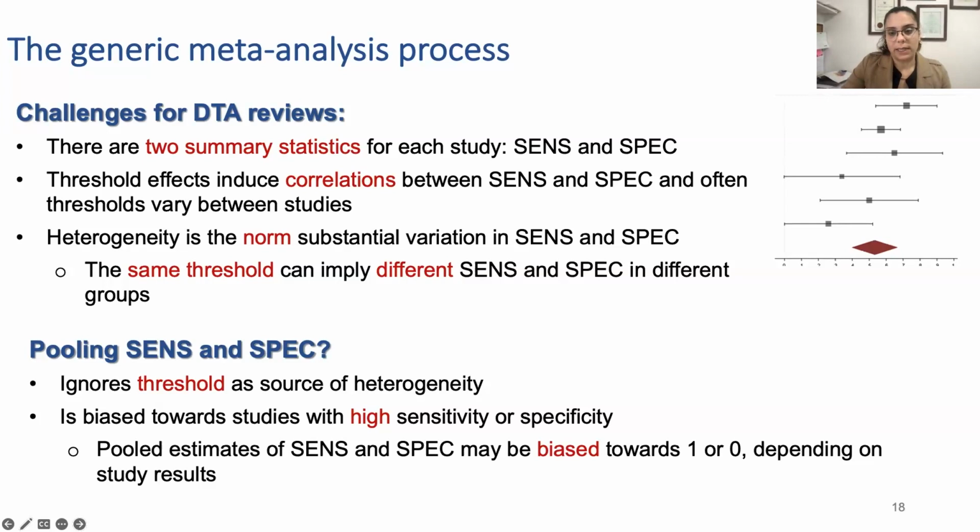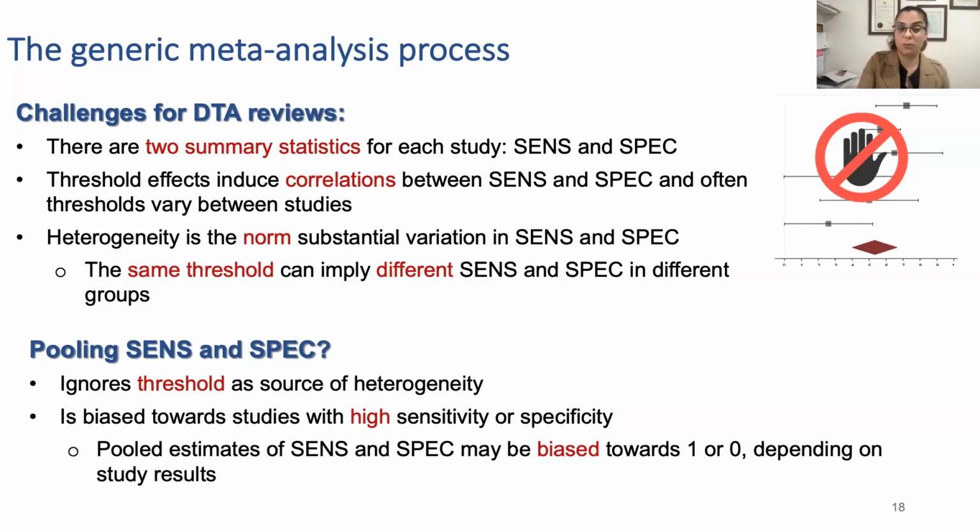So the general meta-analysis process obtains a single estimate. That should be avoided because this would be a biased approach. It ignores the threshold and shows us results based on the studies that have high sensitivity and specificity.